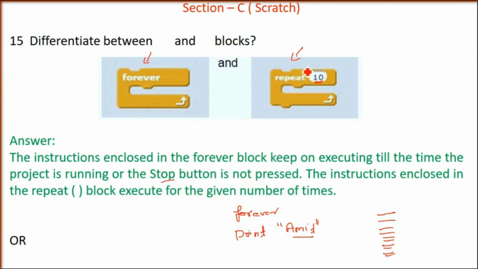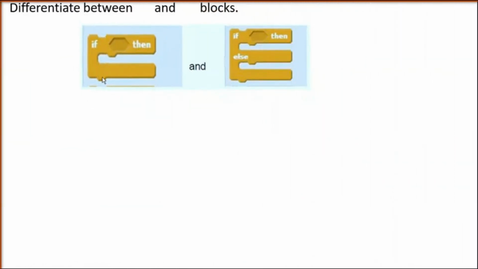But if I write repeat in place of forever and say 10 or any number, Amit will be printed only 10 times. You start with one and then count to 10, and Amit will be printed 10 times.